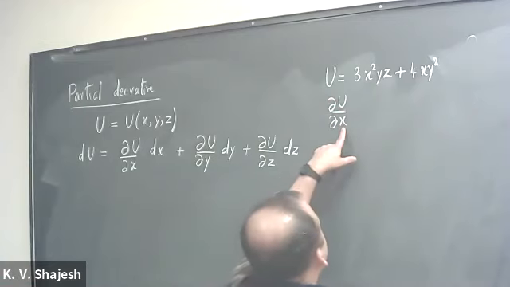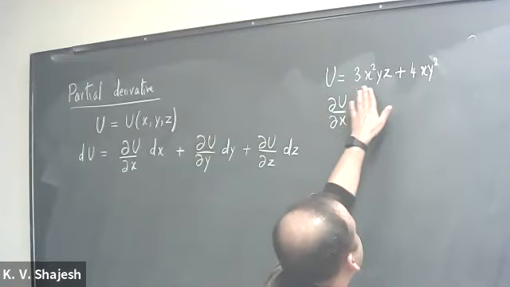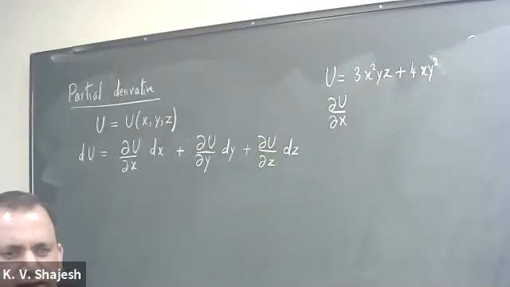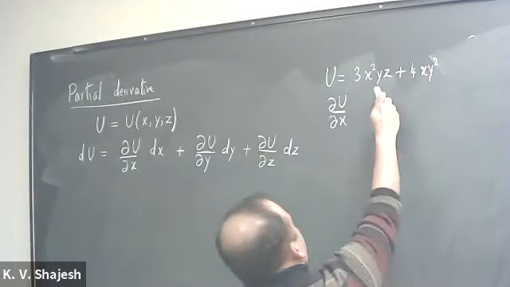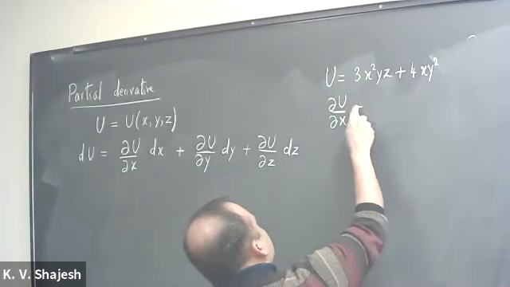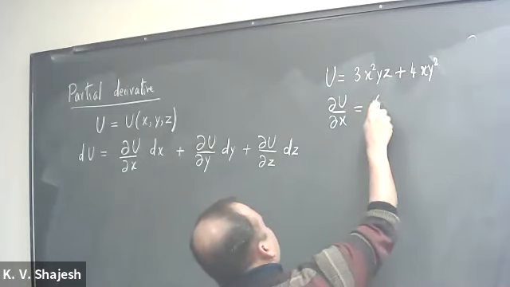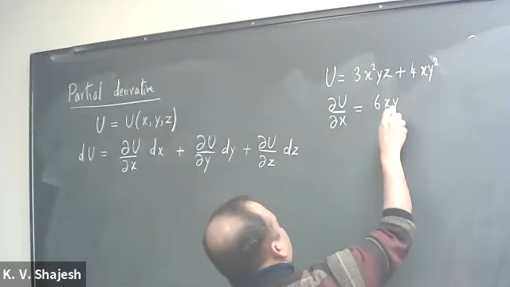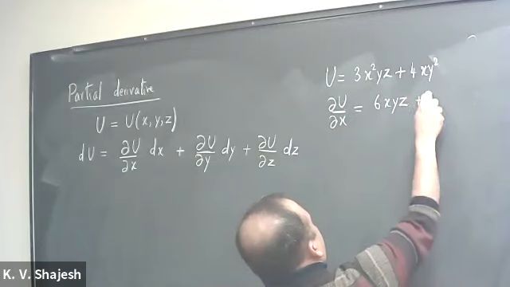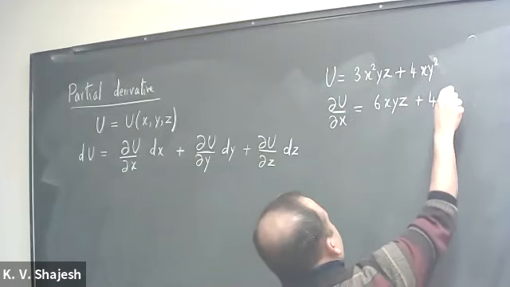When I am doing the partial derivative with x, treat y and z as constants. You already know how to take derivatives. As far as you treat y and z as constant when you're taking the derivative with x, that's all you need to know. So here this will be 6xyz. And this is having x raised to 1, so that's plus 4y squared.